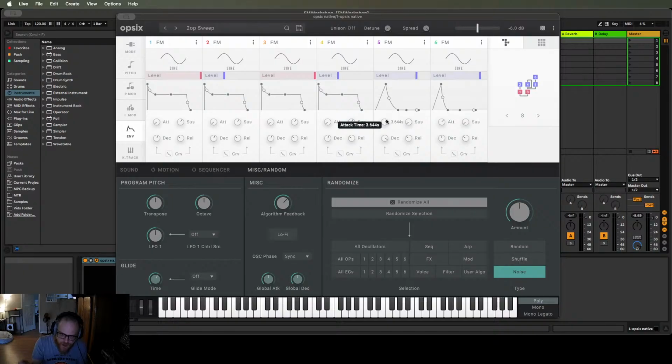Like you hit a string and it's noisy when you actually hit the string, and then as that noisy vibration dies off, you only hear the string vibrating, which is a much more tonal sound. So that's something you're completely used to. But this is a synthesizer, so we don't have to do naturalistic stuff. We can do whatever we want. And so you could have a thing here where it starts off as an E piano, but if you hold it for a second, it gets kind of gnarly and weird.